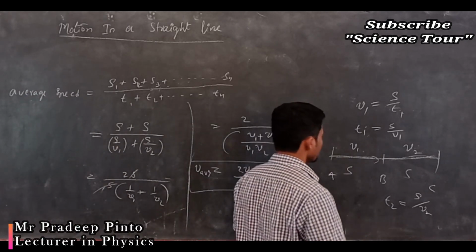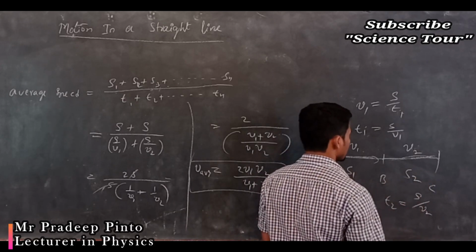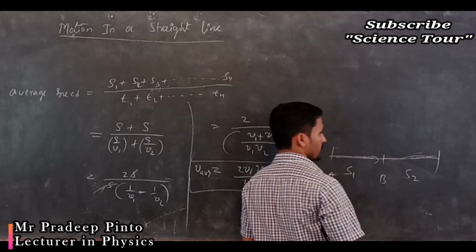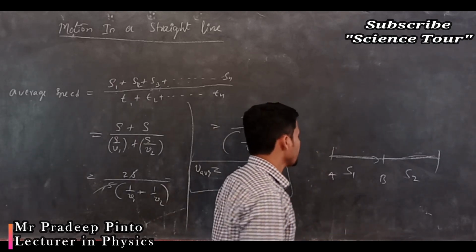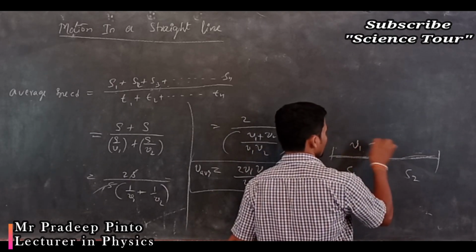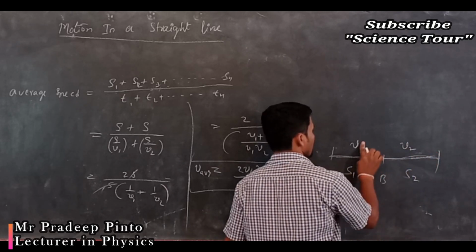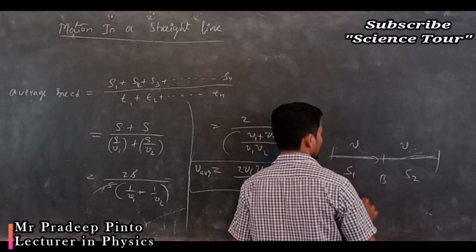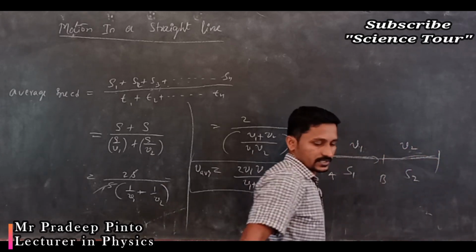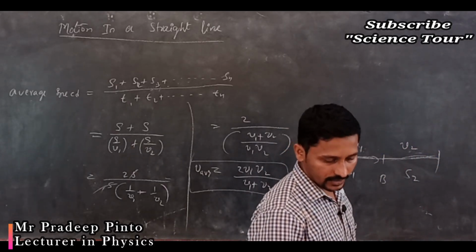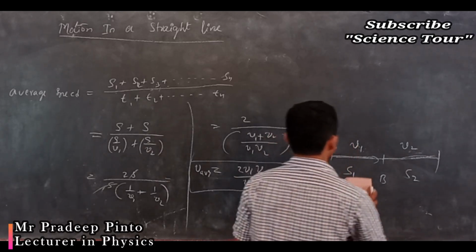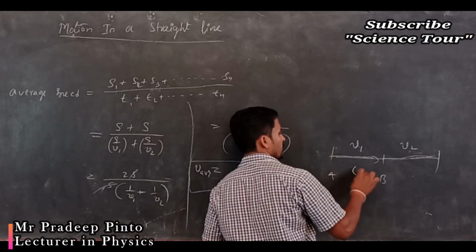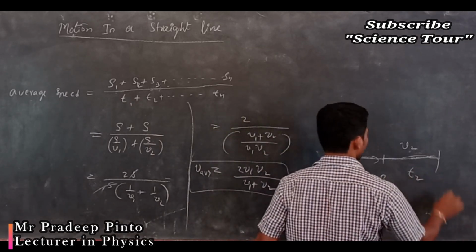Now different distances travelled with different velocities. We are not talking about time here. The first one is travelled with T1, the second one with T2.